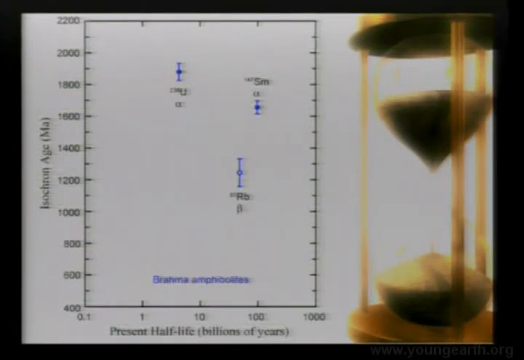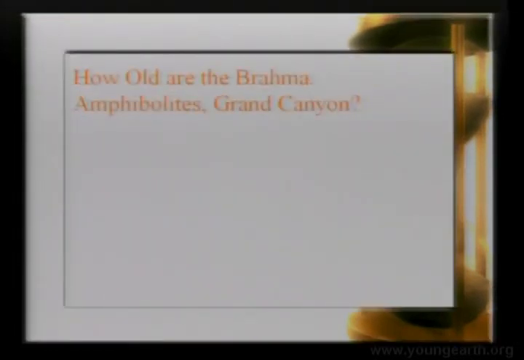Okay, uranium decays faster than rubidium, which decays faster than samarium. And look at the differences in the ages. You can see that even with the error margins, they do not overlap. Why is it that these three methods should give such vastly different results?